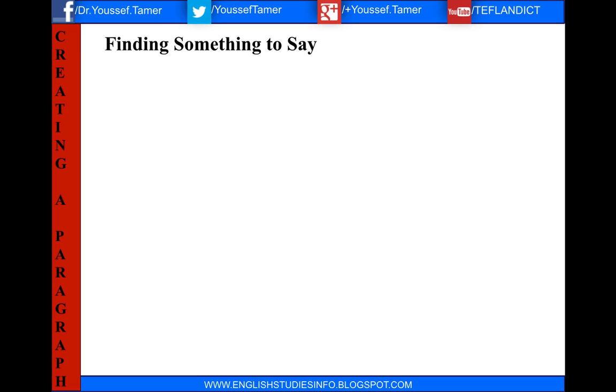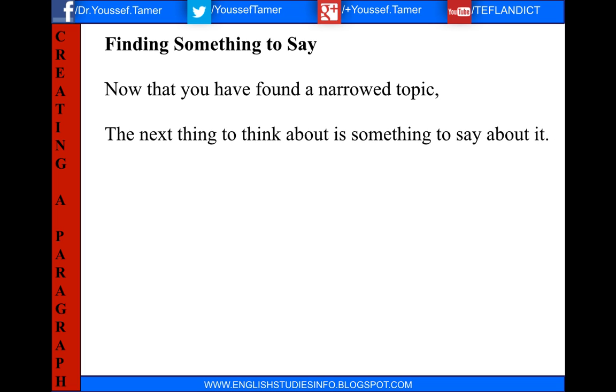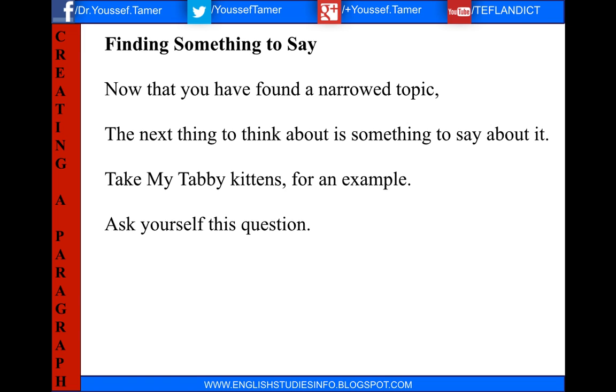Now after you choose the topic, my tabby kittens, you need to say something about it. You have to find something to say about your tabby kittens. The next thing to think about is something to say about it. Take my tabby kittens as an example, and then ask yourself the same question again.